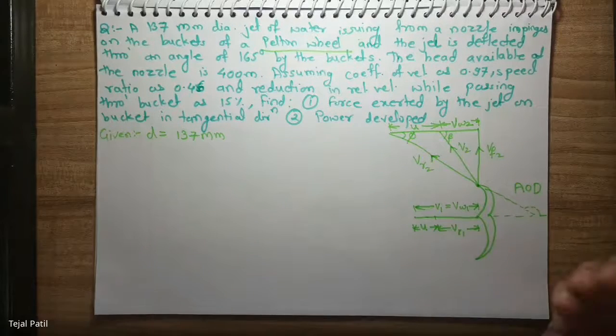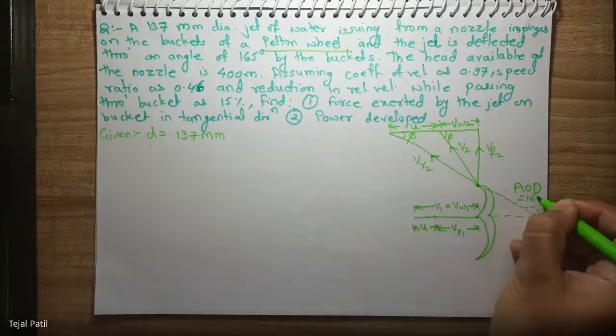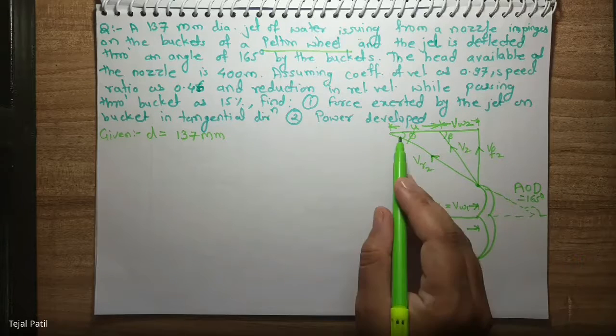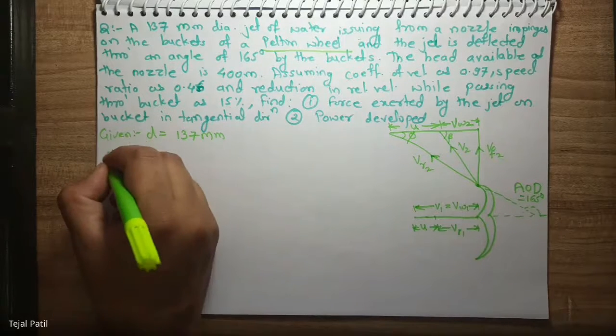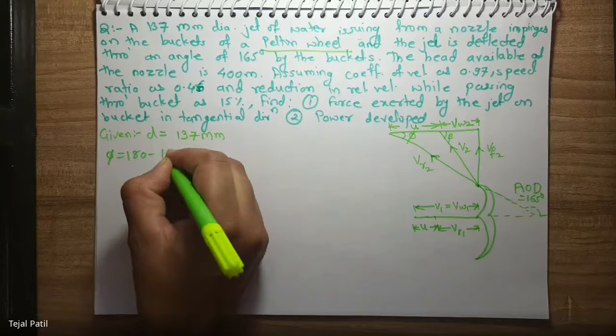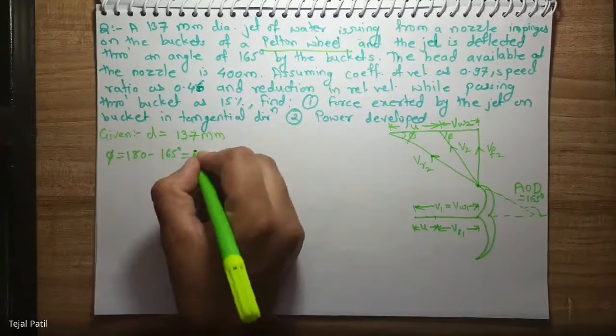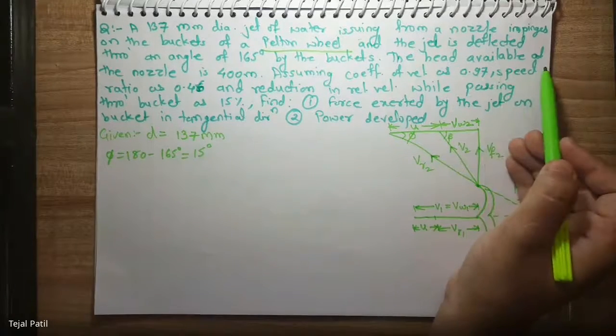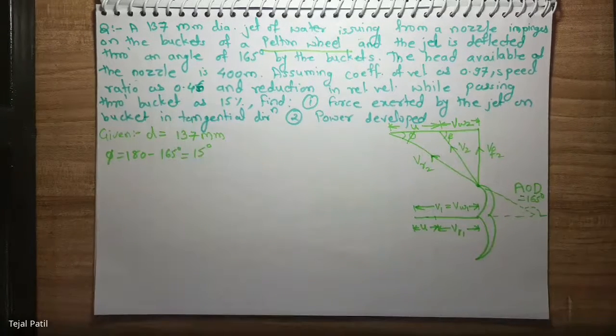That means AOD is given as 165 degree. If AOD is known, then phi is also known. That is phi is equal to 180 minus 165 degree, which is 15 degree, right? The head available at the nozzle is 400 meter. Can you tell me which head is given?